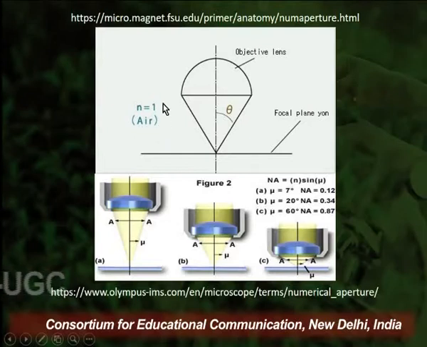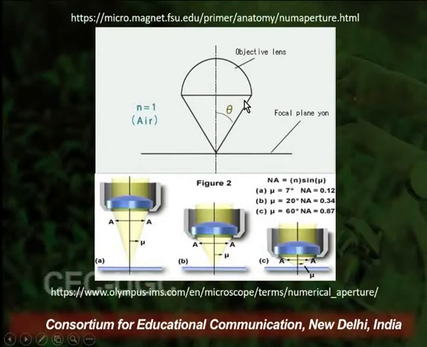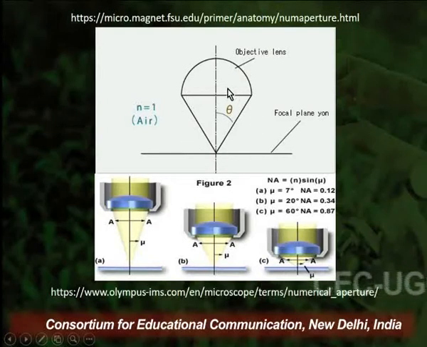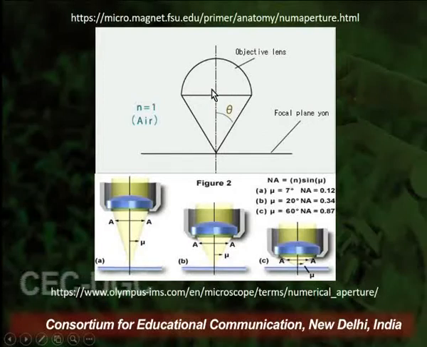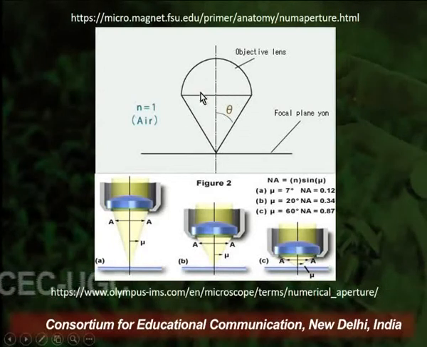And if the refractive index value is increased by changing the medium, for example, if we apply oil in the area between the objective and the focal plane, the refractive index of the oil happens to be 1.5 or 1.6. So the maximum value of numerical aperture could theoretically be 1.5 or 1.6.